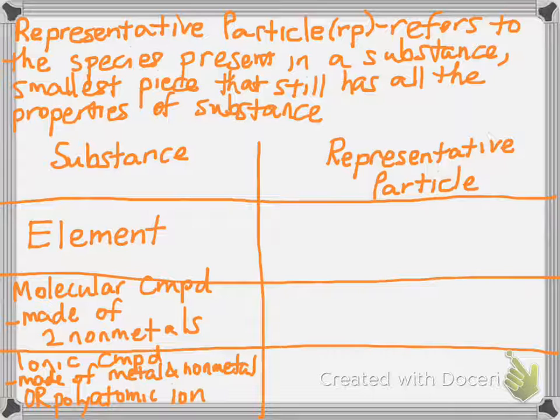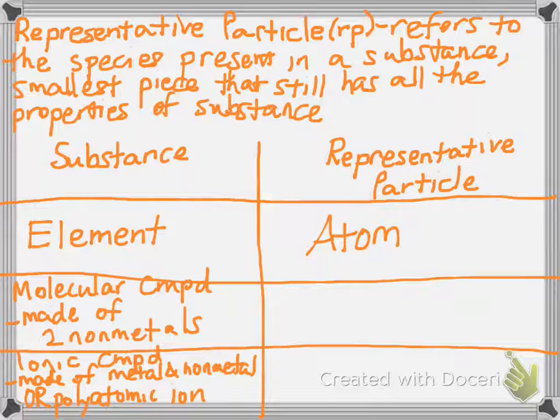So again, we've talked about this representative particle idea before. If we have a big chunk of element, what's that smallest piece I can chop that element up into and it still has all the properties of that original element? Well, that smallest piece of an element is an atom.